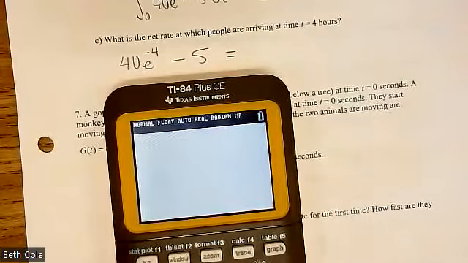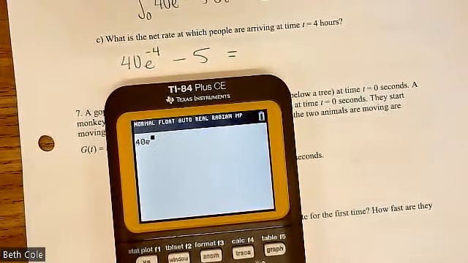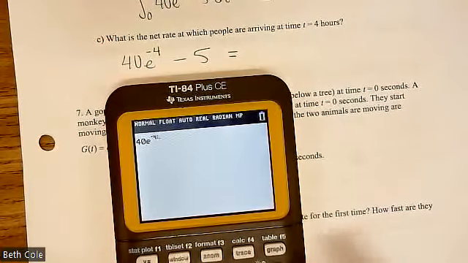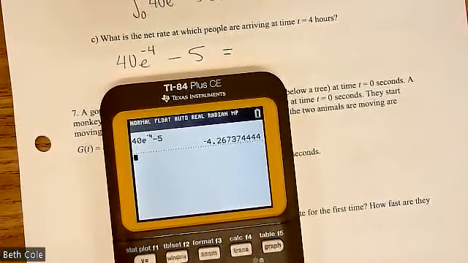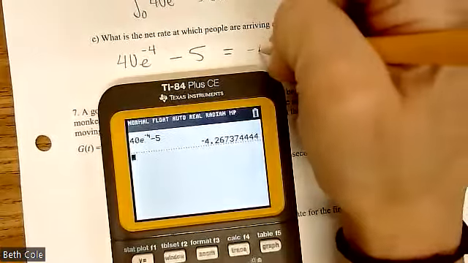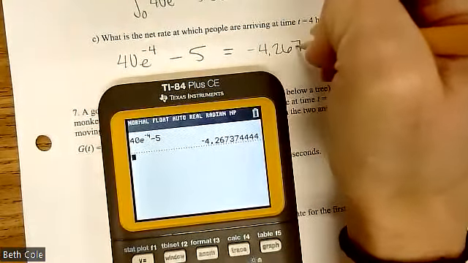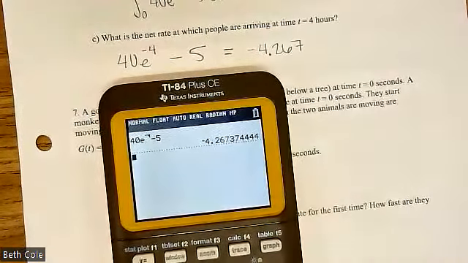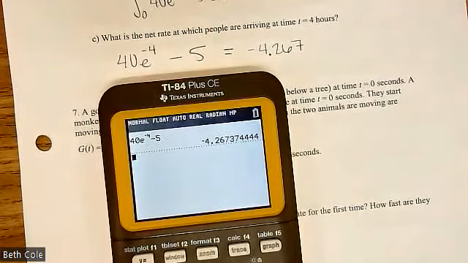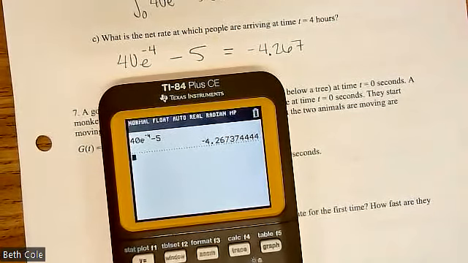I didn't need to do a derivative because again, those are already rates. Like we were given the rates. And we don't need to round to a whole number because this is a rate, not an actual number of people. Did you get negative 4.267? Okay. What are the units on that?